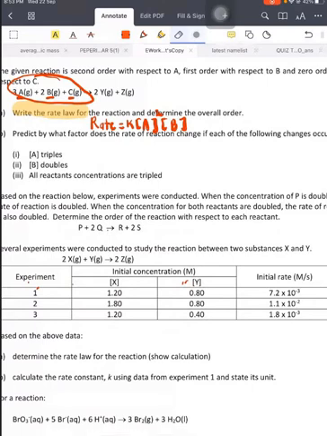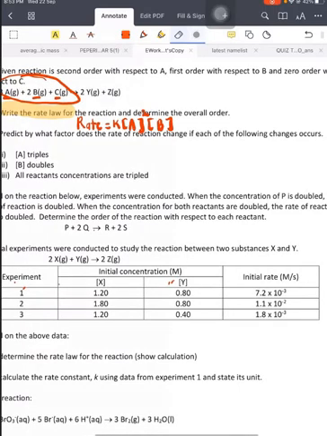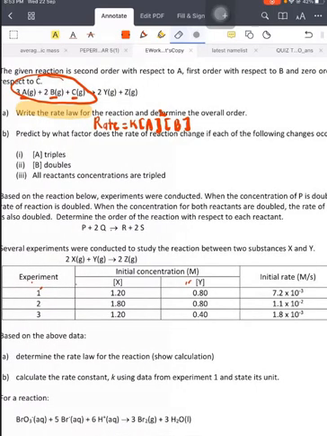It says predict by what factor the rate of reaction changes if each of the following changes occurs. In number 1, the instruction says A is tripled, and nothing is said about B, which means B is kept constant. When B is kept constant, we don't change anything about B, so it does not affect the rate of reaction at that moment. Because in 1 we only change the concentration of A, which is tripled, our rate of reaction depends only on A.